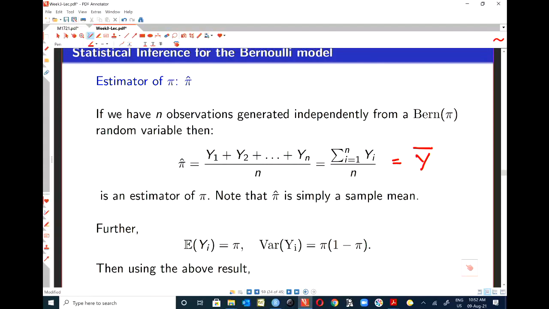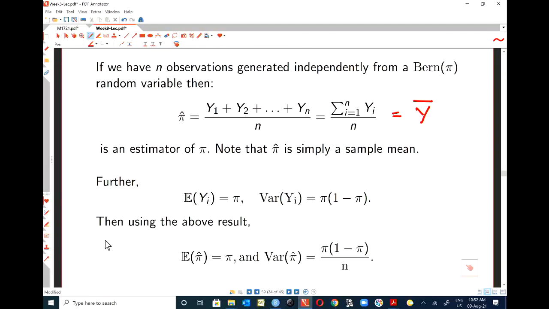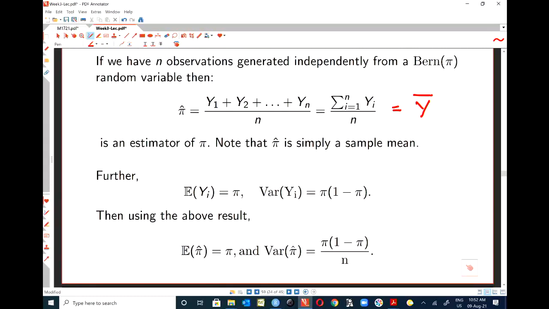But using my above results, pi hat is y bar. The mean of that's going to be mu, and the variance should be sigma squared upon n. So I'm treating the proportion as a sample mean. That's really all this is.